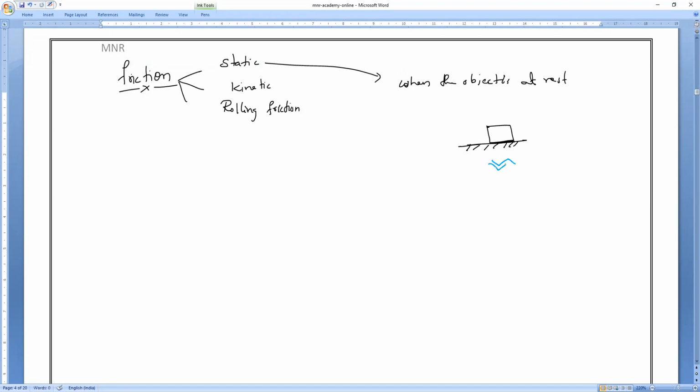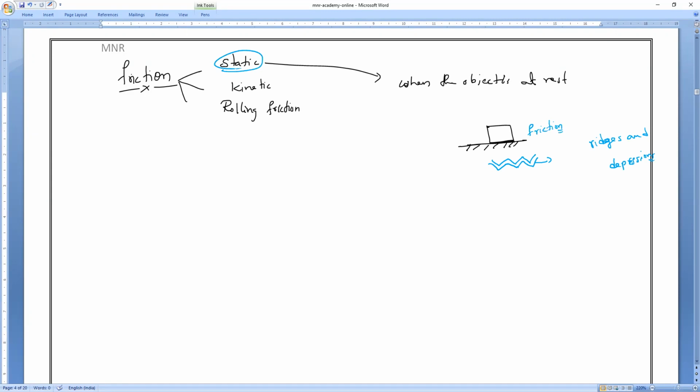We studied this last class. These irregularities are what we call ridges and depressions, and because of them friction is produced. That friction is what we call static friction.